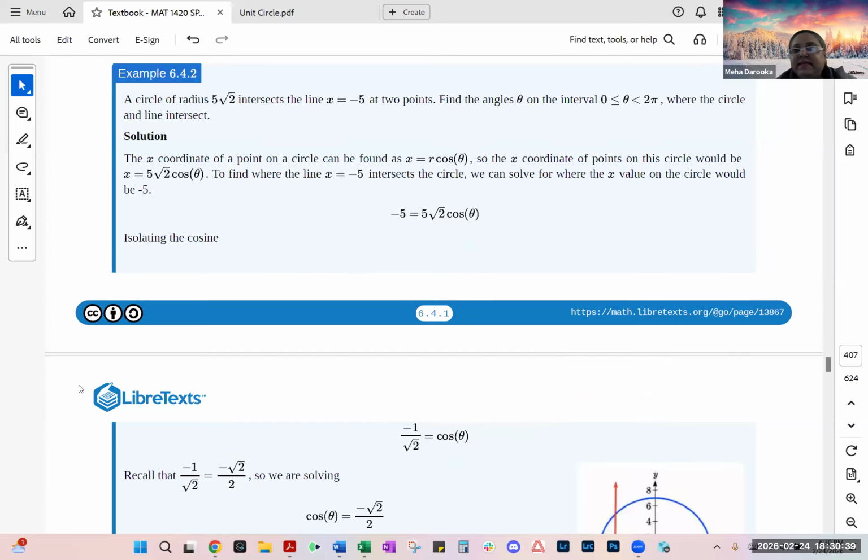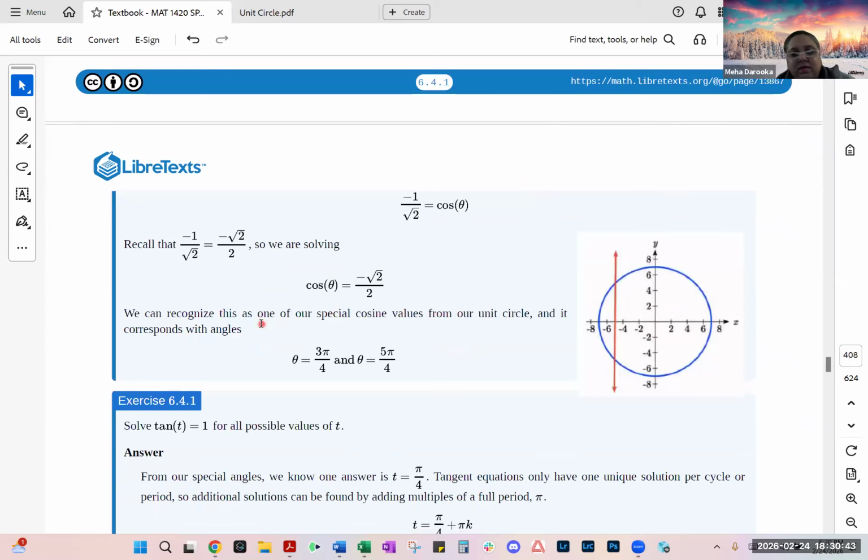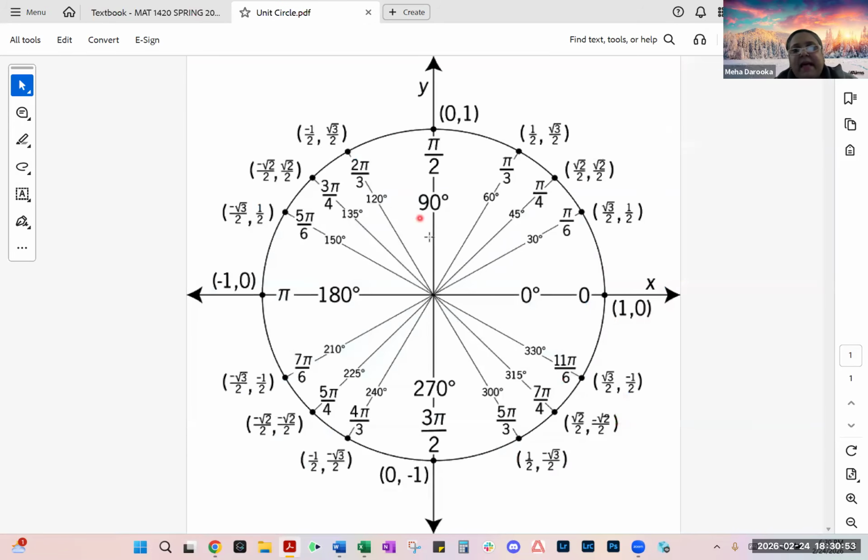you can actually very easily find out where the two shapes will be intersecting with each other. So think about, again, where is cosine of theta equal to negative square root of 2 over 2? And you can come back to the unit circle for that. So you can see our cosine value is negative square root of 2 over 2 at the angle 3 pi over 4, and also at the angle 5 pi over 4.